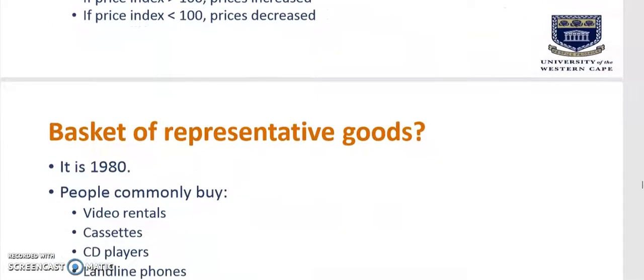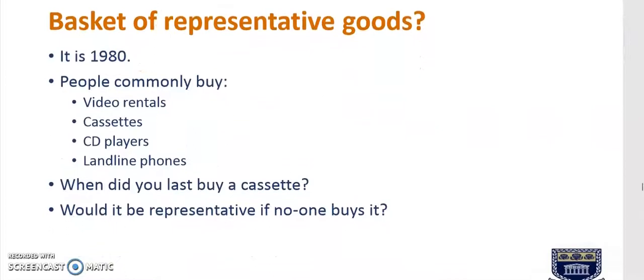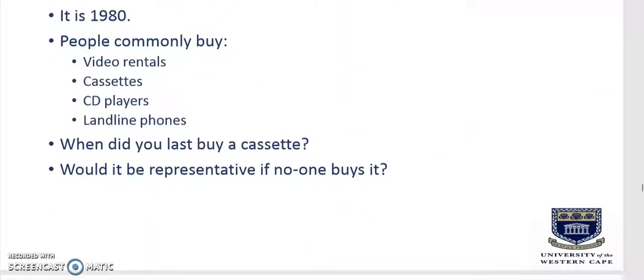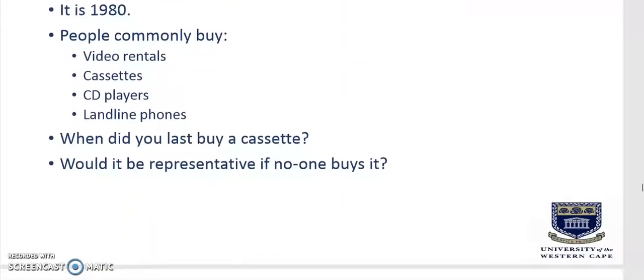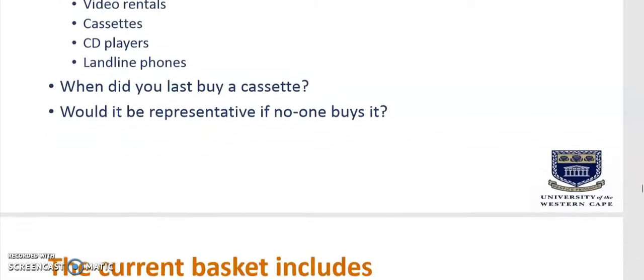The basket of representative goods. In 1980, people commonly bought video rentals, cassettes, CD players, landline phones. And when last did you buy a cassette? Would it be representative if no one buys it?